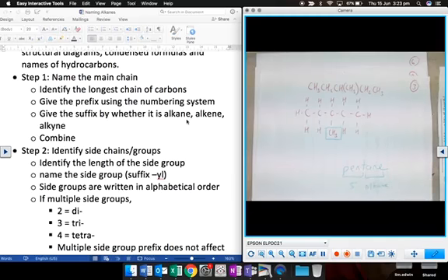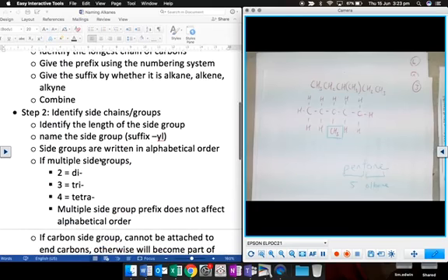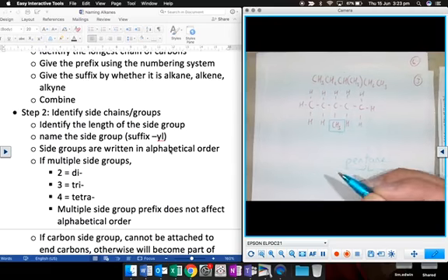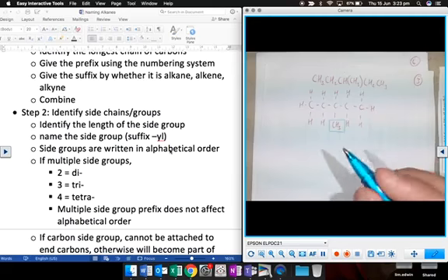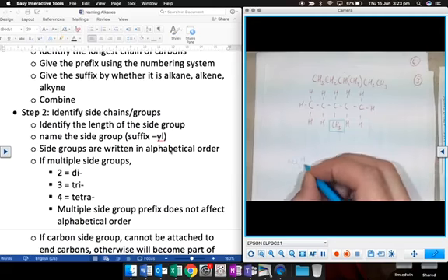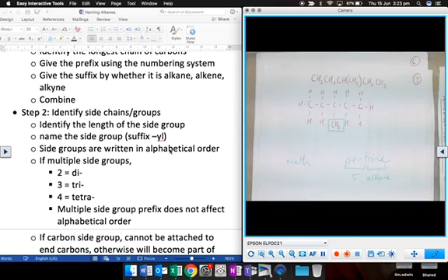Now we have to look at this side group here. So we have to identify the length of this side group. This side group is only composed of 1 carbon. If it's only composed of 1 carbon, it is 1 carbon long. The prefix for 1 is meth. The carbon side groups will be given a suffix of yl.